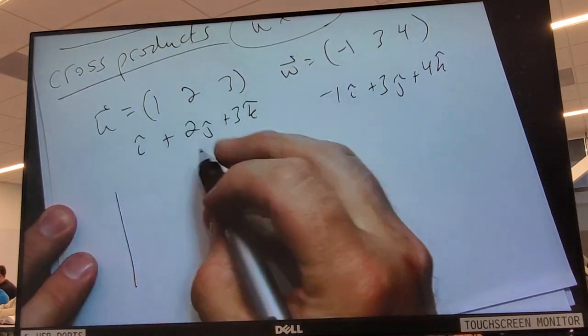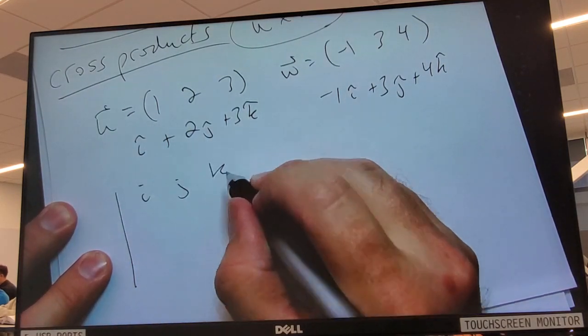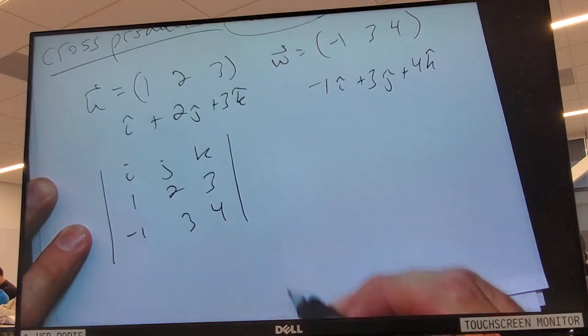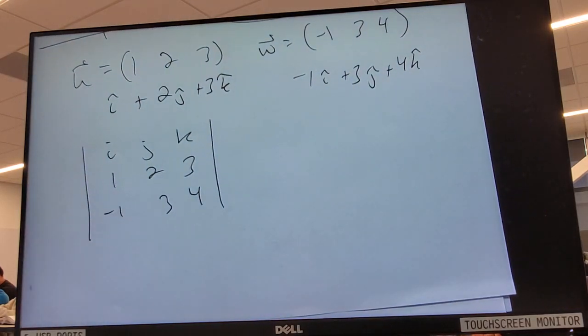But in here, if I set up this determinant, now this is very different. We've never seen a determinant or a matrix with i, j, and k in it, or anything that wasn't letters representing numbers or numbers themselves.